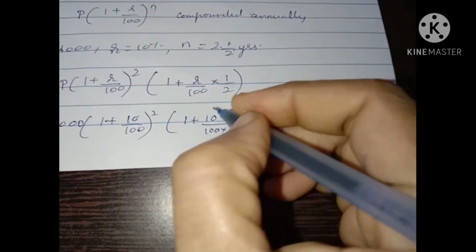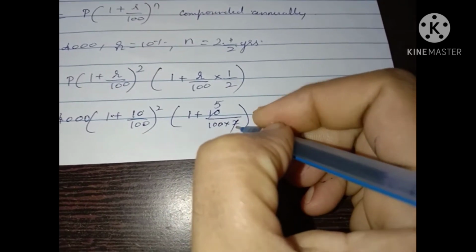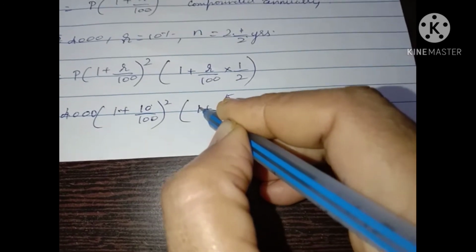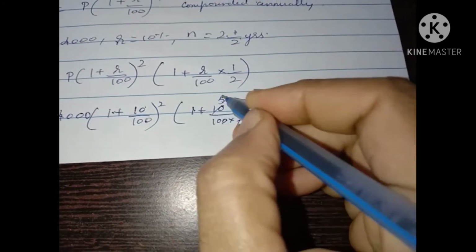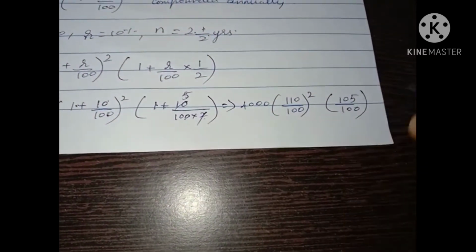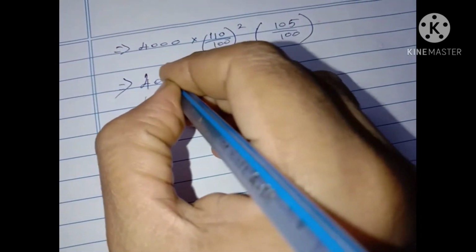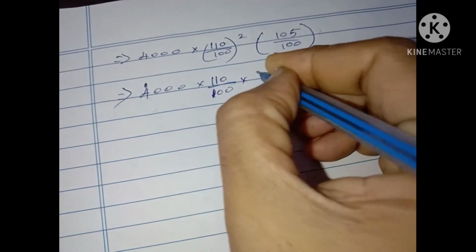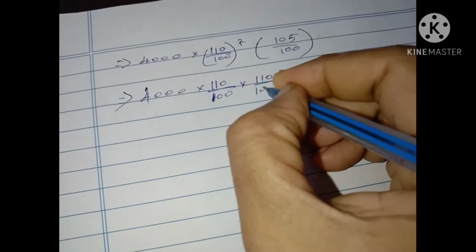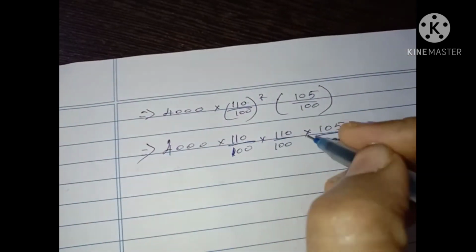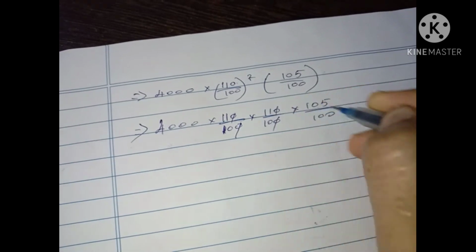Here you can cancel this in the 5 table. In the 2 table, 2 1s are 2, 2 5s are 10. Then 100 into 1 is 100, 100 plus 5 is 105 by 100. So 4,000 into 110 by 100, twice you have to multiply because the power is 2, into 105 by 100. Then cancel the zeros first.